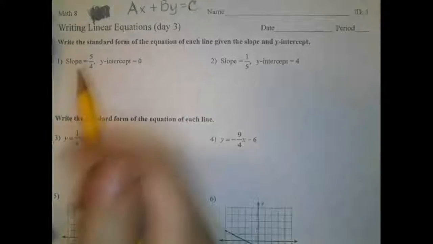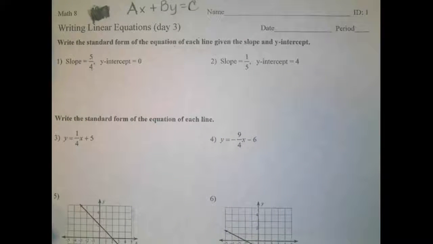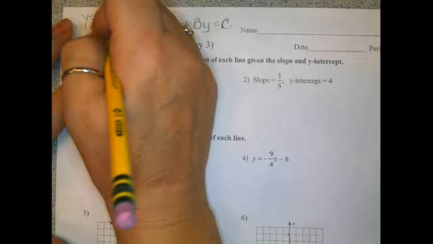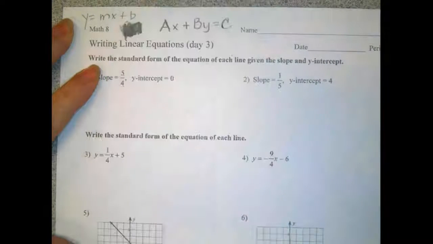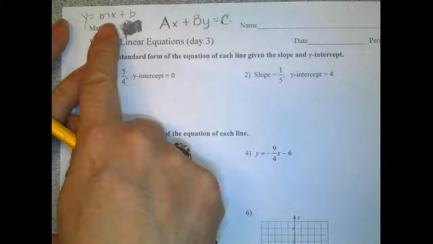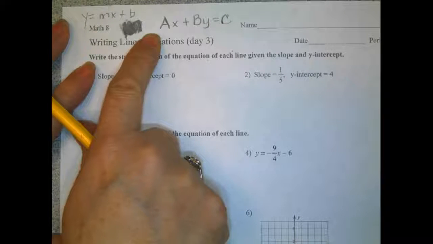All right, so here's what I know. I know my slope and I know my y-intercept. I need to write this equation in standard form. So if I'm looking at slope-intercept form, because that's what I've been hammering, y is still y, x is still x, but A may be something that resembles m.